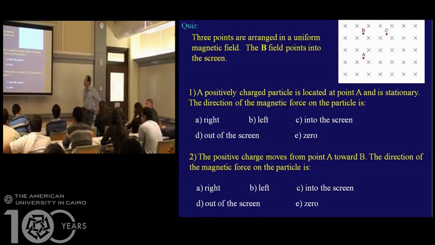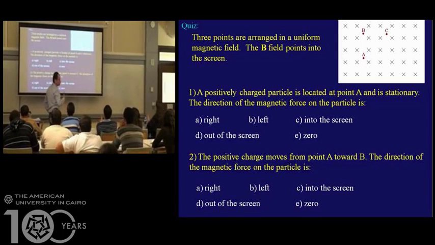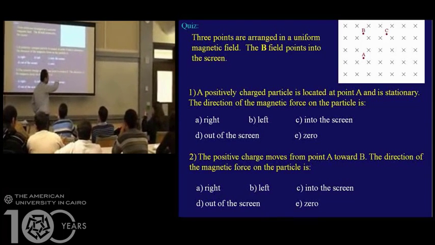So good. Now the positive charge moves from point A to point B. What will be the direction of the force? This is the direction of the motion from A to B. It's going up.